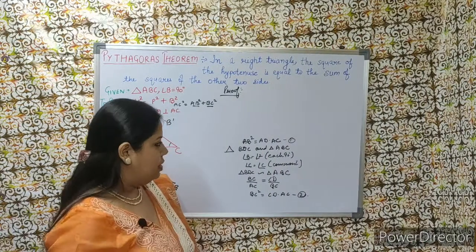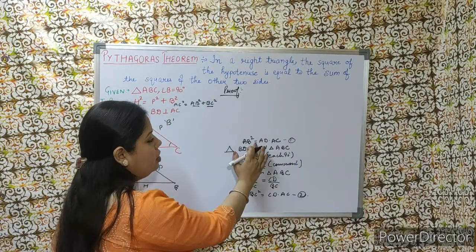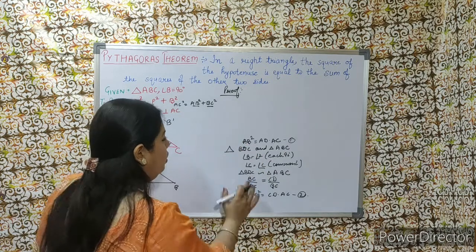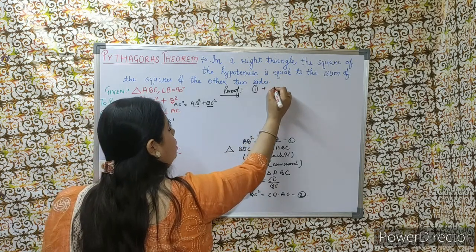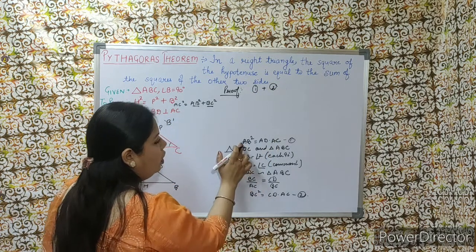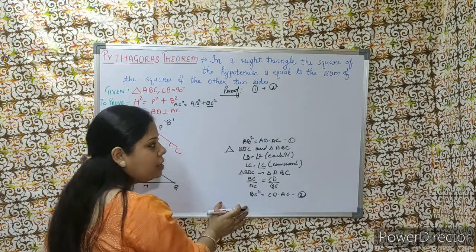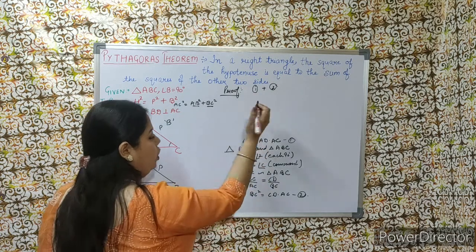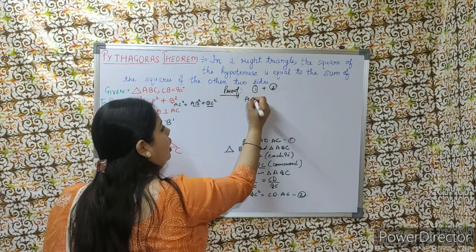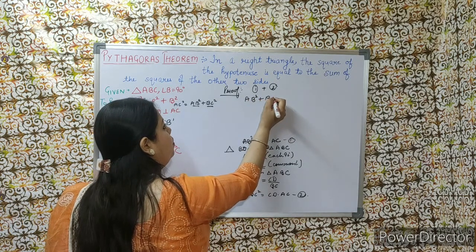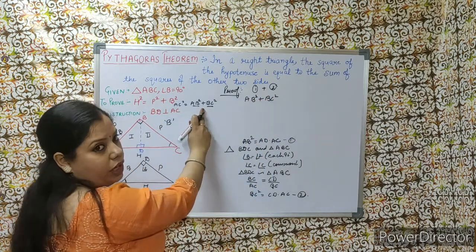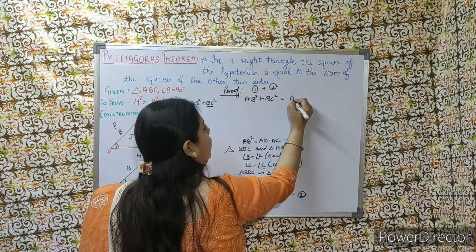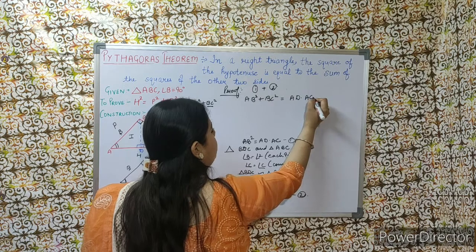So now in my third step, I am going to add the results obtained in the first two steps. So I will add 1 plus 2. First of all, I will add the left hand sides. On the left hand side, I have AB square and BC square. So the left hand side will become AB square plus BC square, which we require in our proof, is equal to AD into AC.